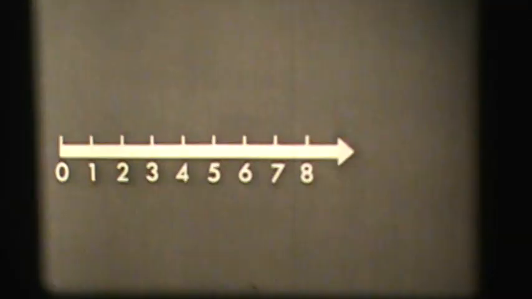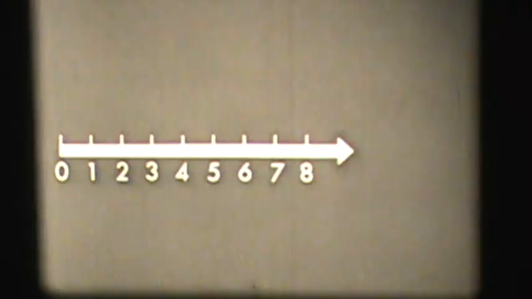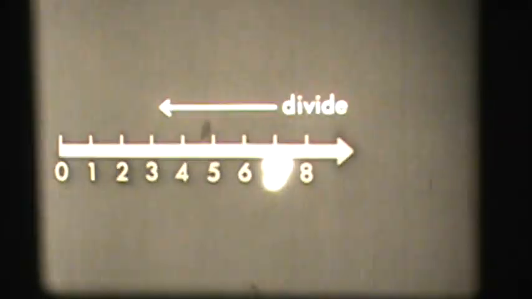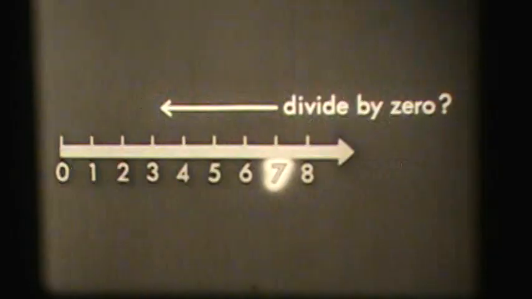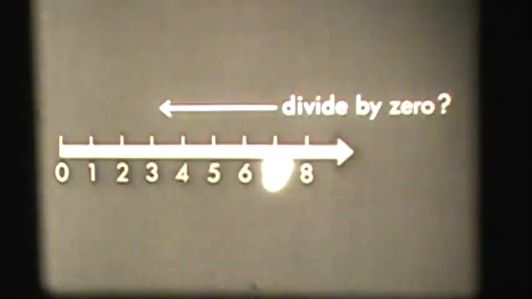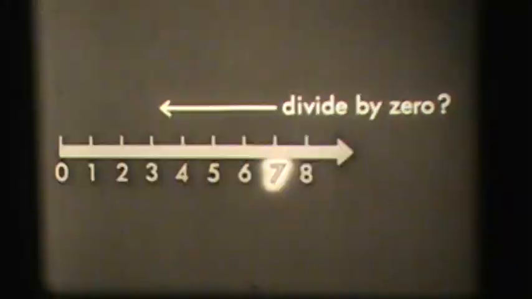We cannot divide 7, or any number, by 0. Now let's use our number line to try to divide 7 by 0. We know that to divide, we move spaces to the left. But to divide by 0 would mean moving 0 spaces to the left. Well, 0 spaces are no spaces. If we cannot move any spaces, we cannot divide by 0.